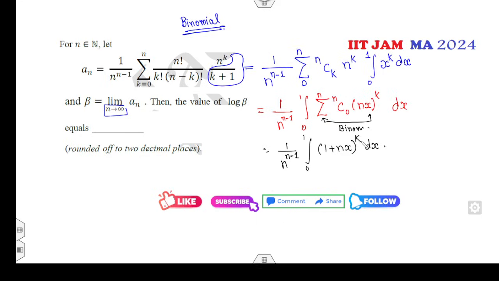Fine. What is the maximum base? n, so raised to power n. Now can you integrate with respect to x? So it is 1 over n raised to power n. That power I can write as upside. So that will be 1 plus nx raised to power n plus 1 divided by n plus 1 into n, with limits from 0 to 1.